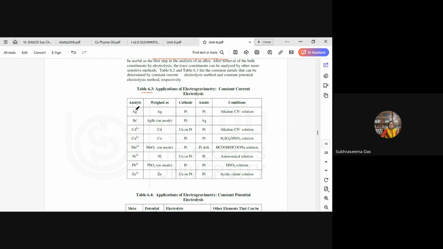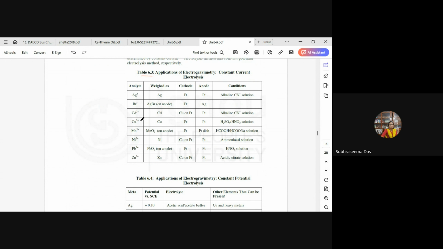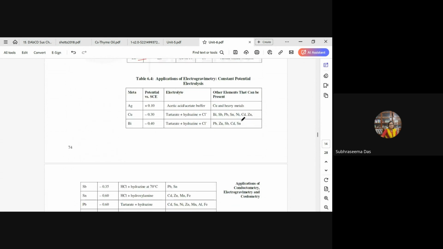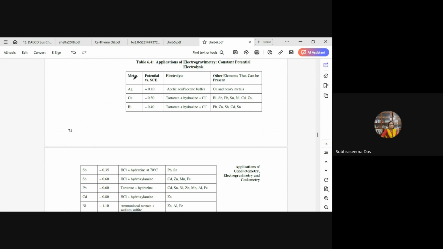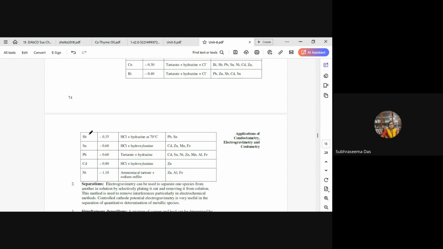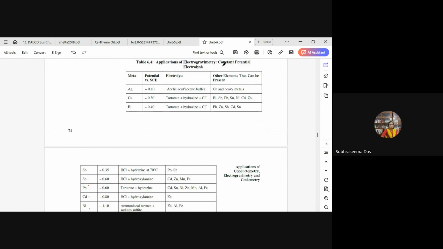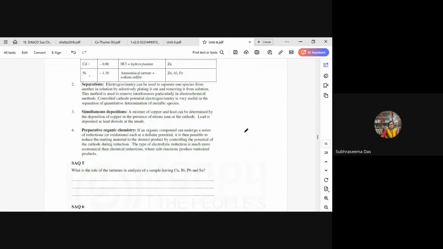Here in table 6.3, metals like Ag+, Br-, Cd2+, Cu2+, Mn2+, Ni2+, Pb2+, and Zn2+ can be measured by constant current electrolysis. On the other hand, metals like Ag, Cu, bismuth, antimony, tin, lead, cadmium, and nickel can be estimated by constant potential electrolysis.